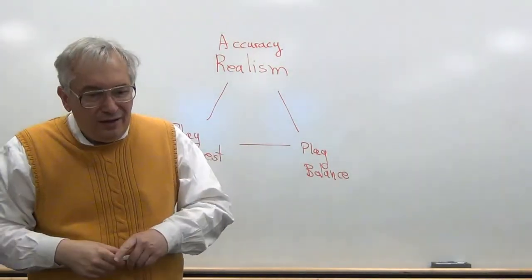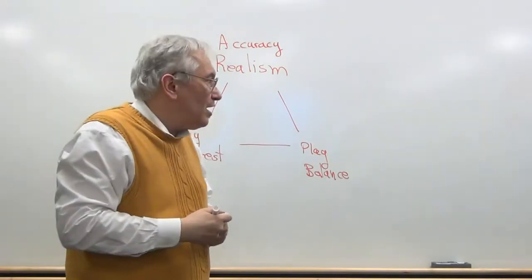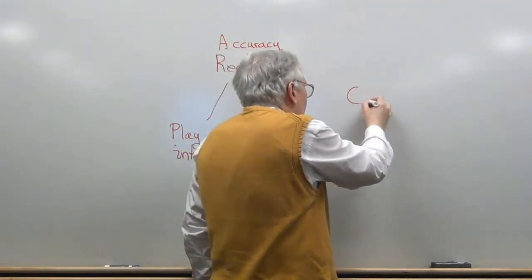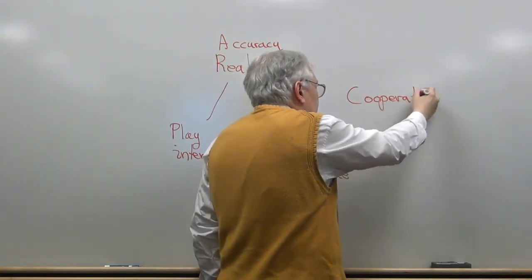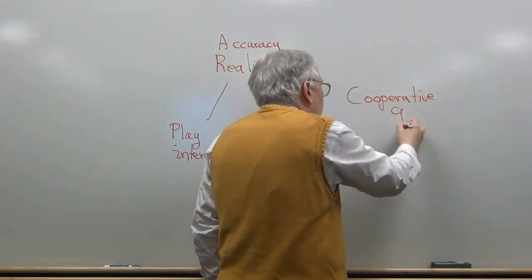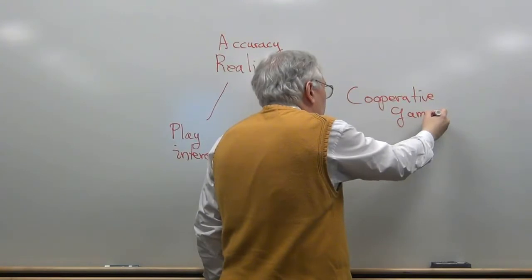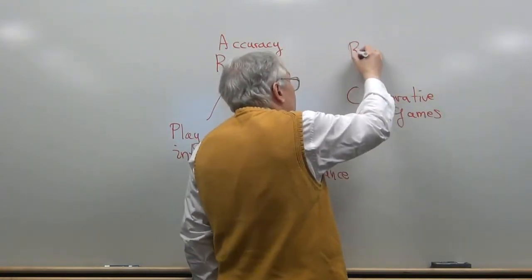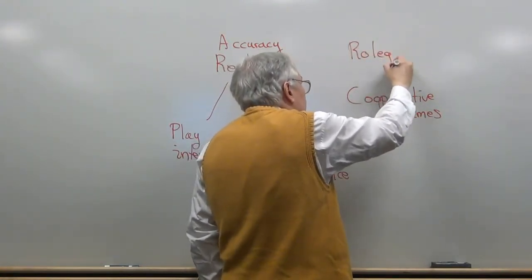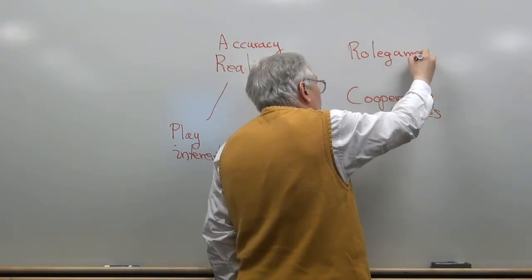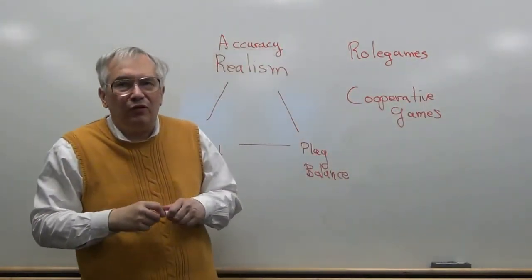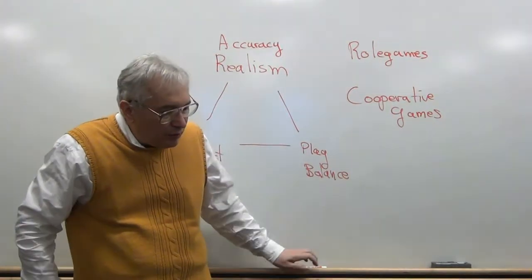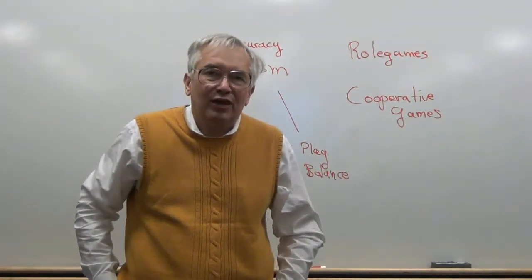Third point, a completely different sort of shape: cooperative games. And cooperative games, the bulk of them, are in fact linked to role games. I shall go somewhat back in time to, say, 1974, when Dungeons & Dragons first came out.